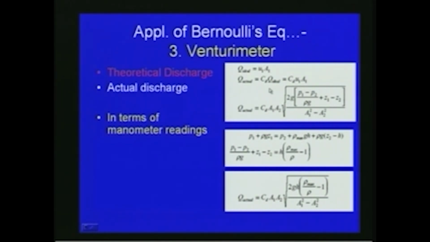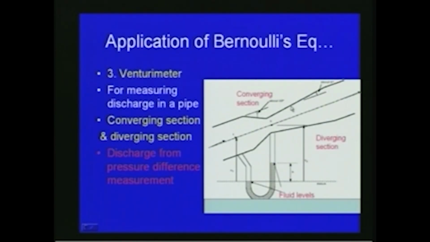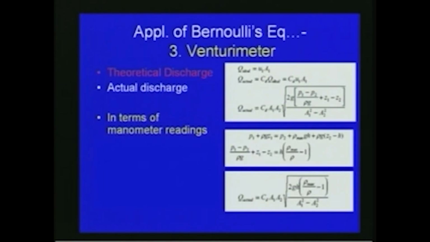So this is the actual discharge. With this kind of measurement, there is a difference between the actual discharge and the theoretical discharge, so we have to multiply by the coefficient of discharge. So Q actual is equal to Q theoretical into the coefficient of discharge.